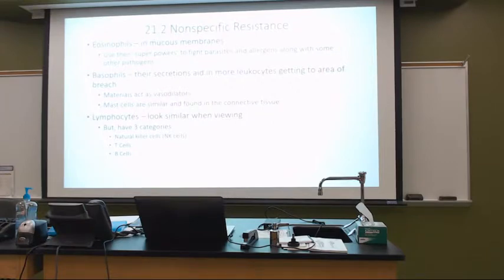This means that a lot of the chemicals that are needed to not only fight the pathogens, but help with healing and forming clots so that people don't bleed out, all this sort of stuff is in blood. So we need to make sure that those capillaries that got breached can get more permeable to let more substances out. So they need to dilate at that area of the breach. So basophils can help do that.